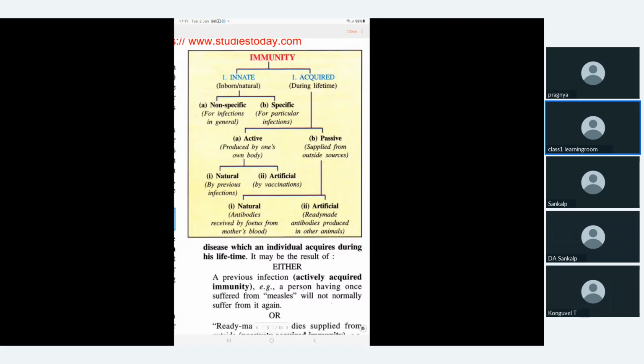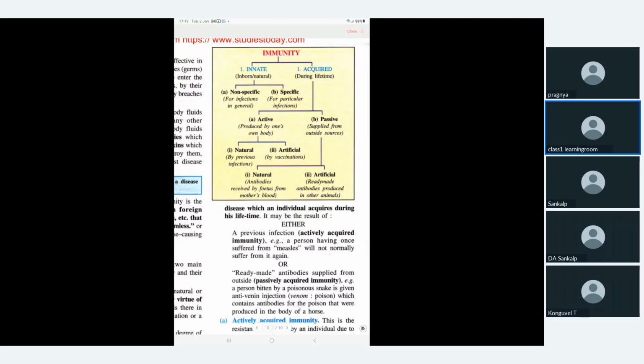In innate you have two types. One is non-specific, for general infections. It is not specific: any bacteria or any virus comes, and the body uses a common defense mechanism. They identify the organism and neutralize it, and keep the method in memory.